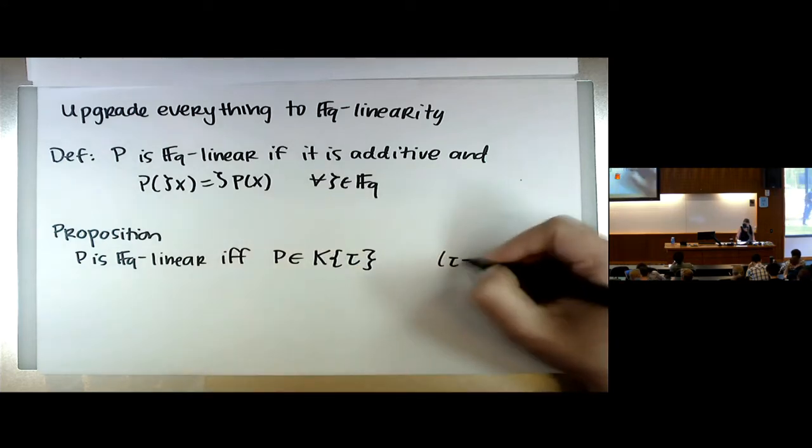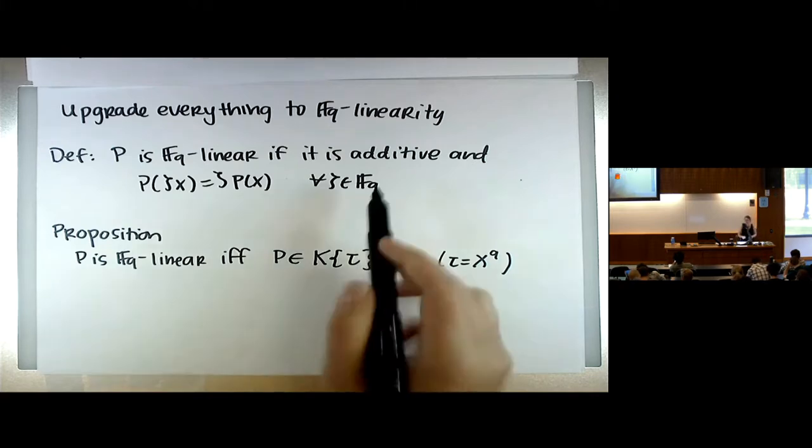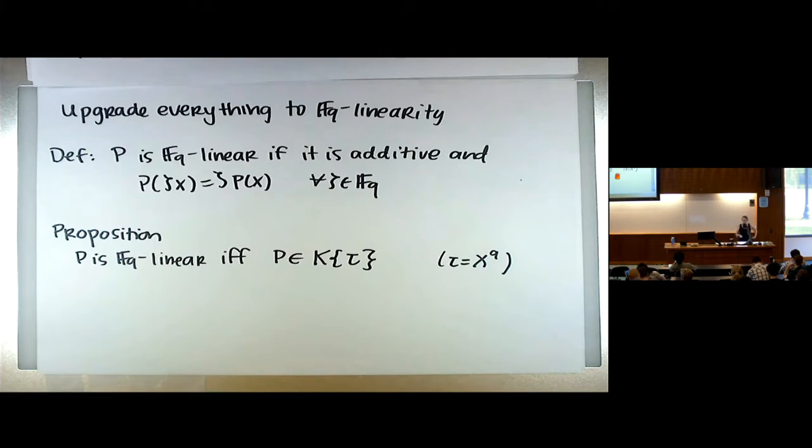And remember that tau is x to the q. So the x to the q will respect the addition, and then raising to the q will allow you to pull out an element of FQ because elements of FQ are fixed by raising to the q. So that's the proof of this.